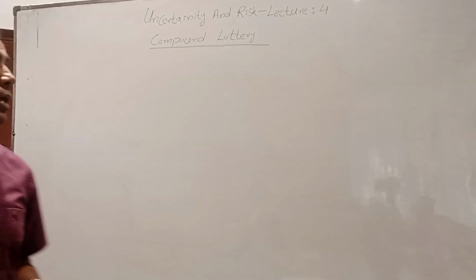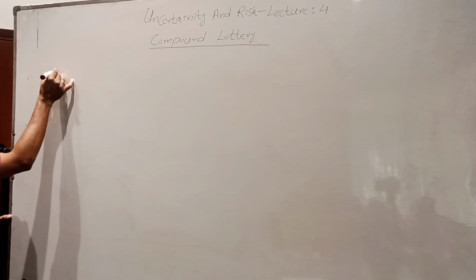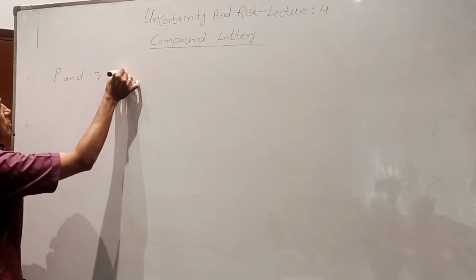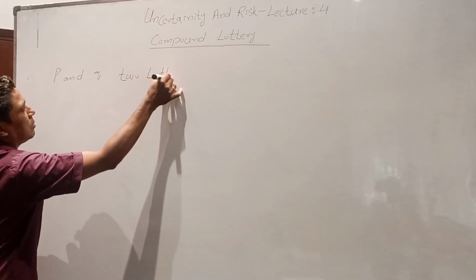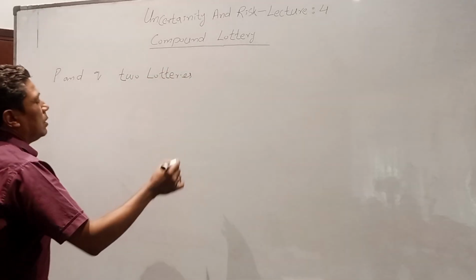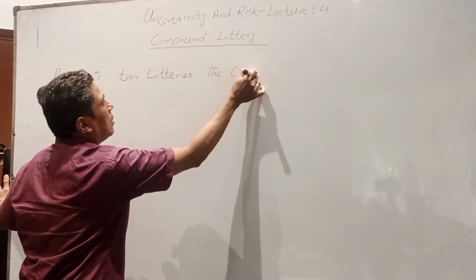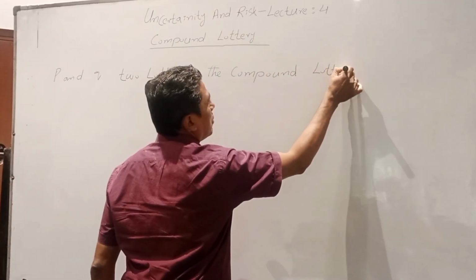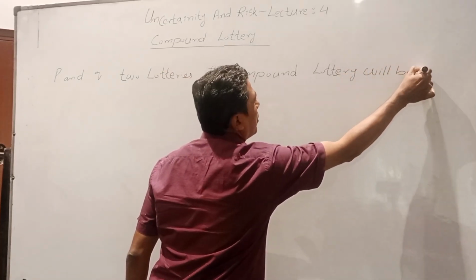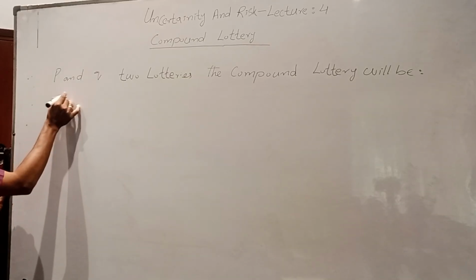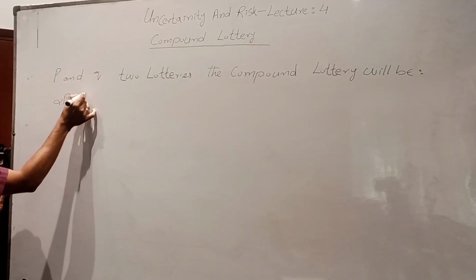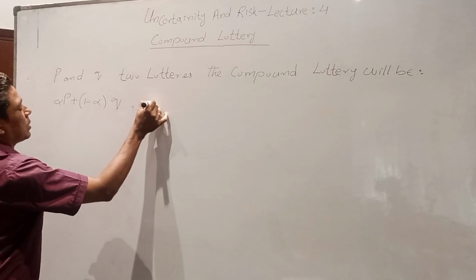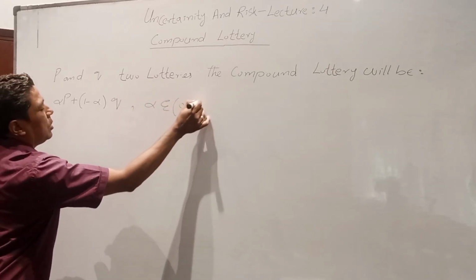And we finally concluded that if there are two lotteries, P and Q, then the compound lottery will be alpha P plus 1 minus alpha Q, subject to alpha belongs to 0 and 1.